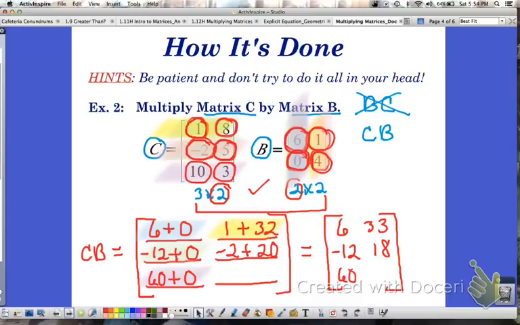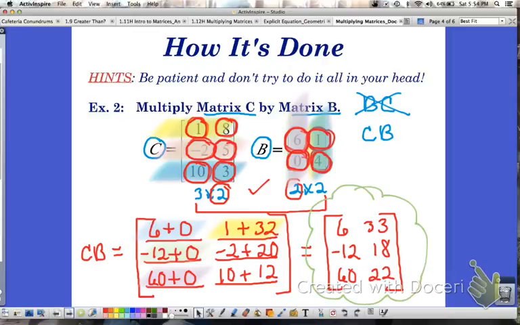And then last but not least, let's go with row 3, column 2. 10 times 1 is 10. 3 times 4 is 12. 10 plus 12, 22. So the product of matrix C and matrix B is this answer right here, a 3x2 matrix.